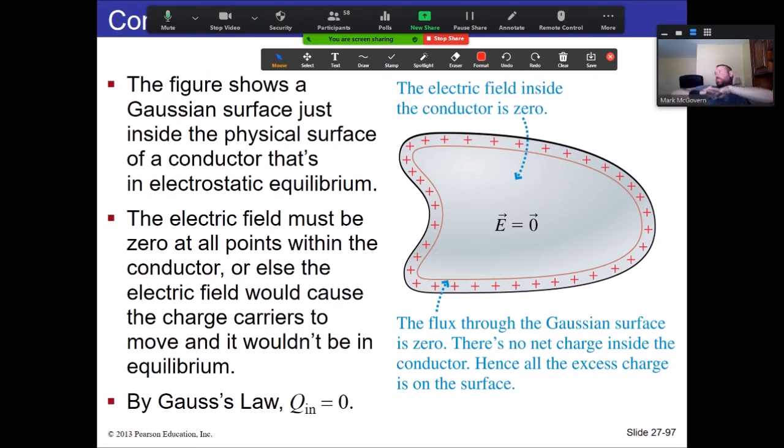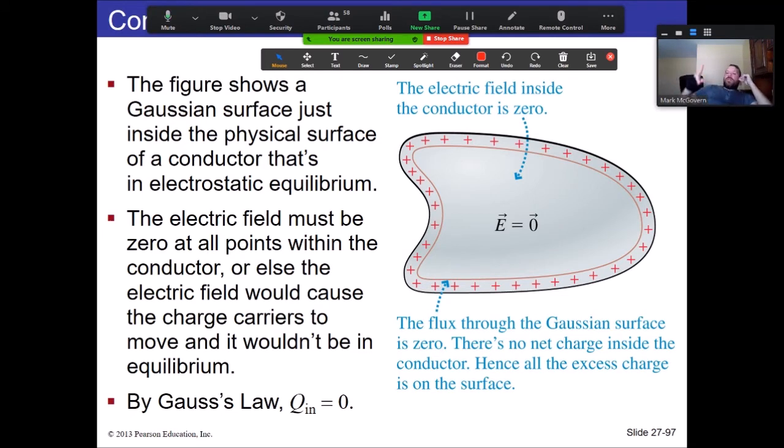It wants to spread out as much as it possibly can, right? Because the positive charges repel, and they want to move away as much as possible. If there was no conductor here, they all would just fly off infinitely in different directions. But they're contained in the conductor, and so the best they could do is get on the edges. So they build up all along the edges.